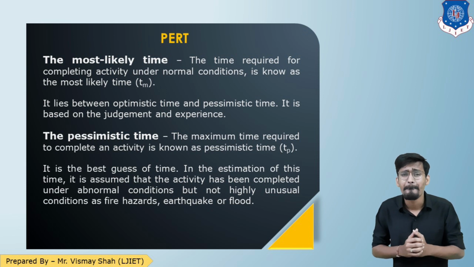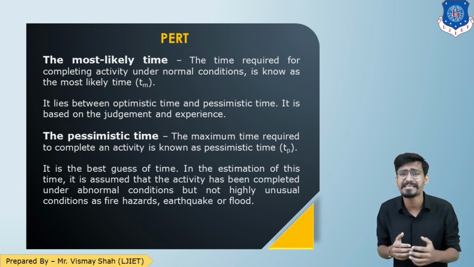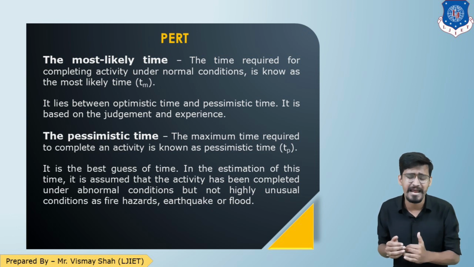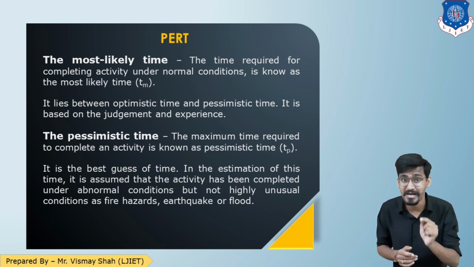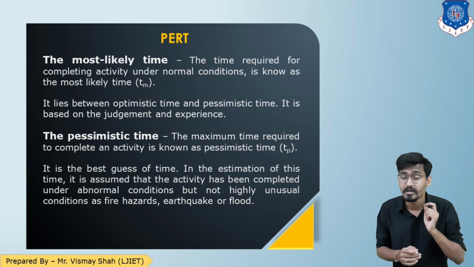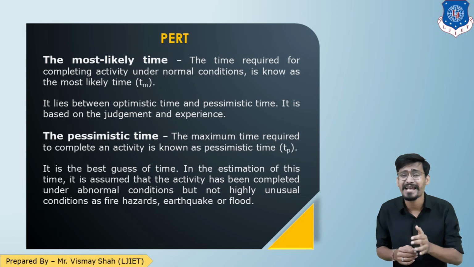Next is pessimistic time. The maximum time required to complete an activity is known as pessimistic time. Pessimistic time is the best guess of time. Students, focus on the words: pessimistic time is the best guess of time.